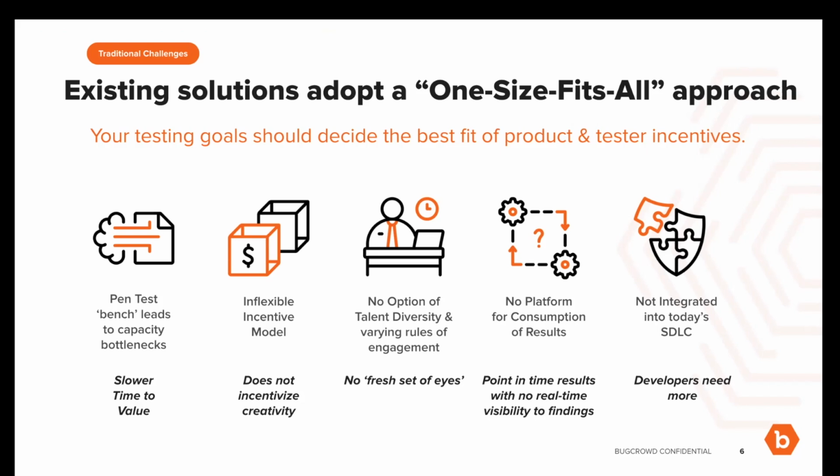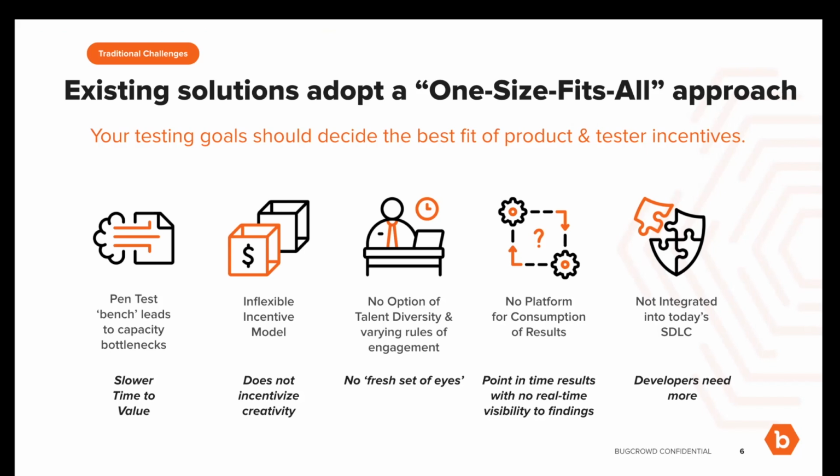Again, I think that depends on the situation and the vendor, but in general, it's not easy for someone who has a bench of pen testers to turn on and run a pen test quickly. And that's very critical when you say you need a report for an auditor in the next couple of weeks. The second issue with existing models is a pretty inflexible incentive model because it does not incentivize creativity.